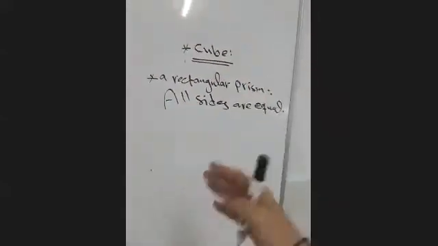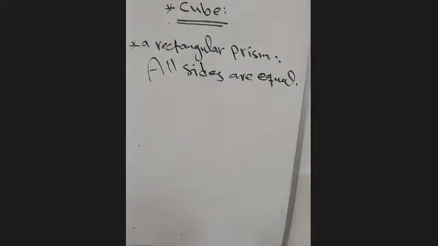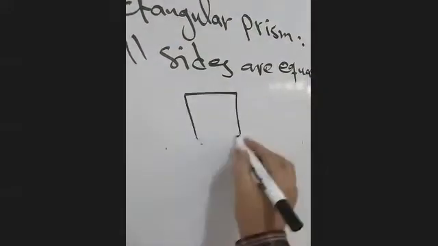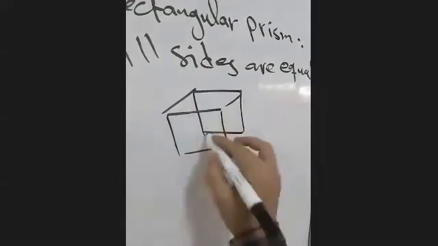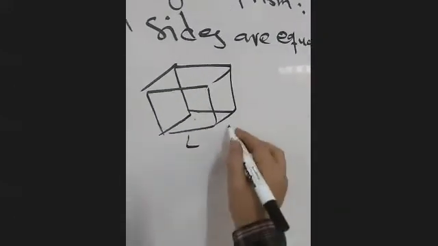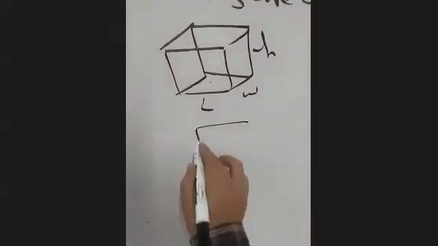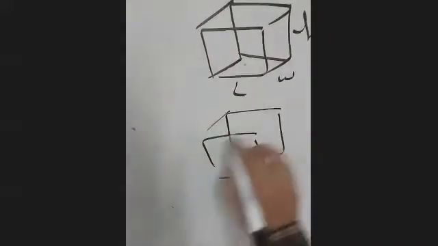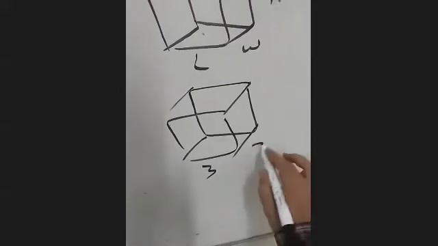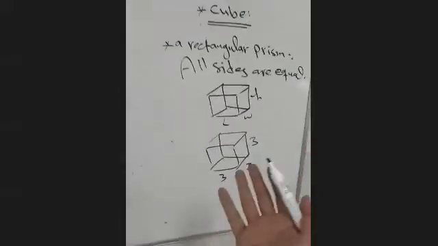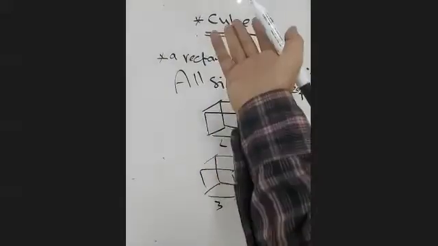It means the length equals the width equals the height, like this one. Length, width, and height are equal. For example, if we have 3, 3, 3, this we call a cube.